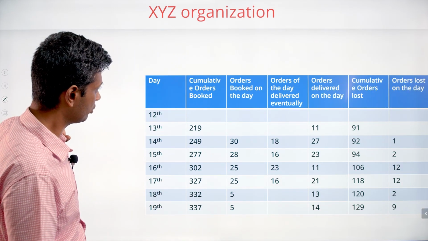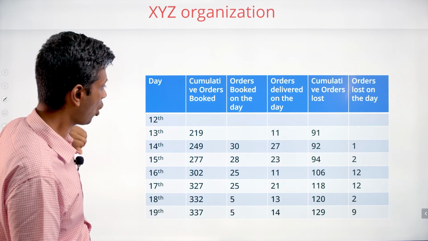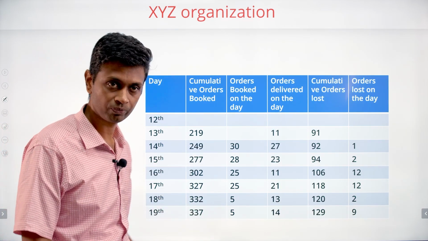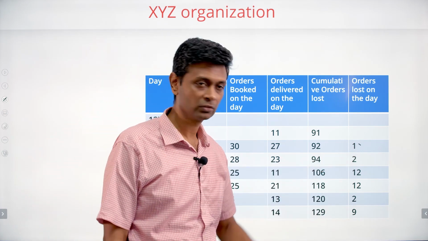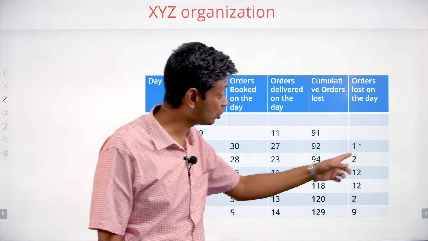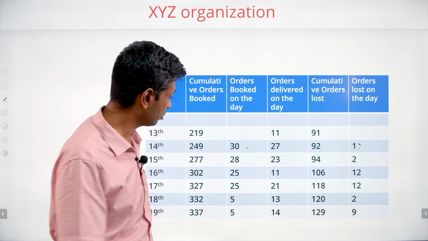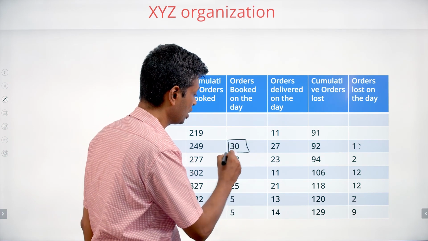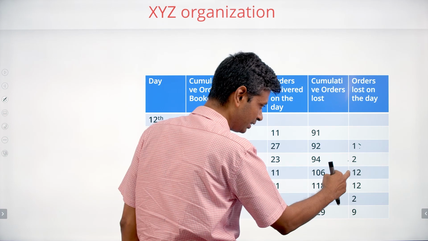We've done all this. Orders of the day delivered eventually. How do I find that? So orders booked on the day is this. And then orders lost on the day is this. Remember, what is lost on this date is not the order booked on this date. Order booked on any one day is marked as lost after this attempt and this attempt.